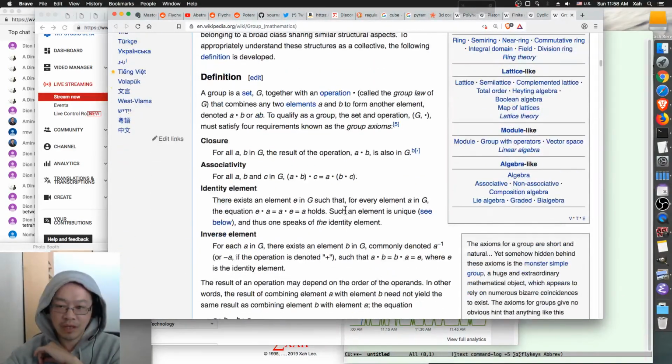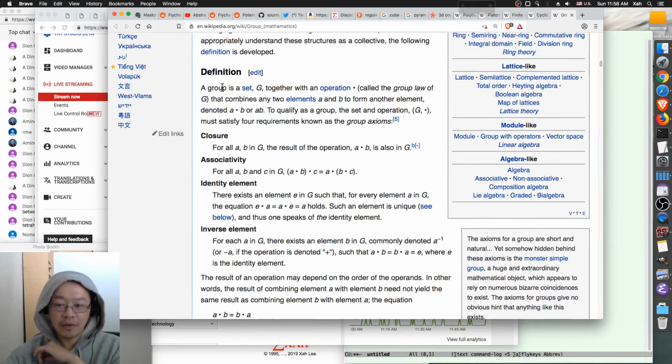Okay, so here's a definition. A group is a set G together with an operation that combines any two elements A and B to form another element, denoted A dot B or AB. To qualify as a group, the set and the operation must satisfy four requirements known as the group axioms.